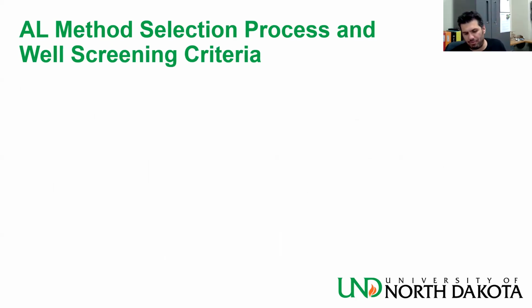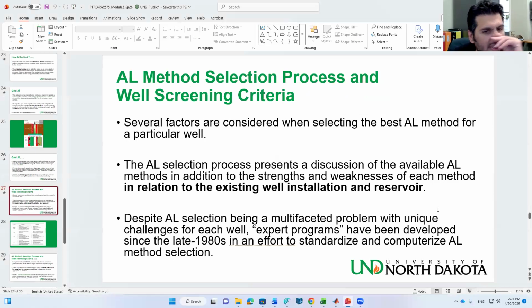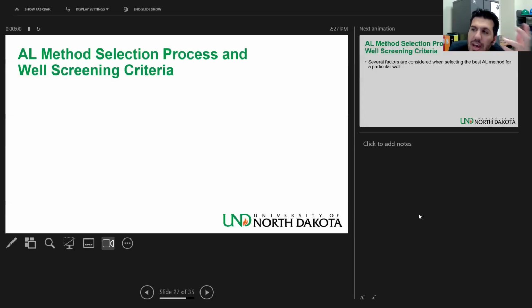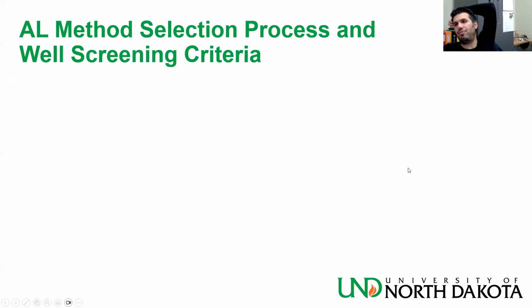Now, we talked about 4 methods of artificial lift, but we haven't talked about the elephant in the room: how do we select which one to use? The old saying in the field was you go from ESP to pump jack to plug and abandonment, P&A.